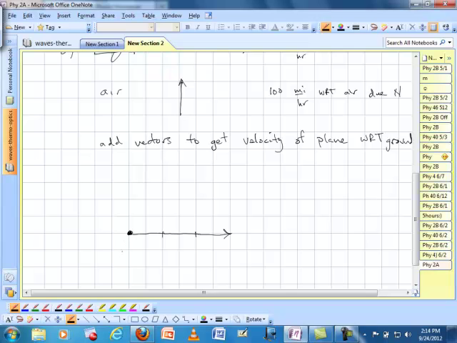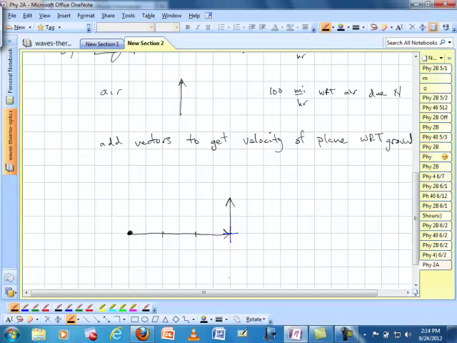Get out your ruler and you measure off something proportional to 300 miles per hour. Point it in the right direction. That's our airplane. Then you move out to the tip and you make a new origin there. And you get out your protractor and your ruler and you draw the next vector.